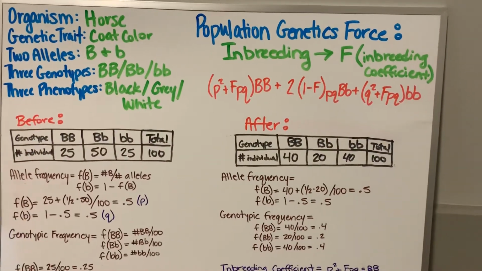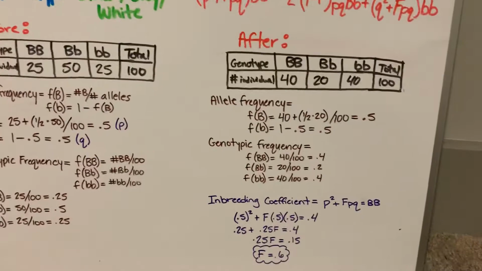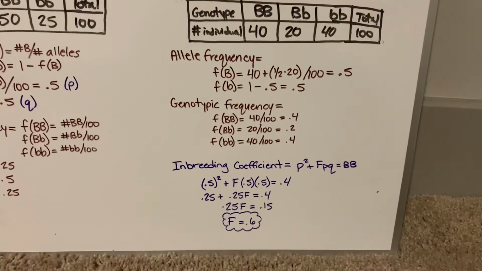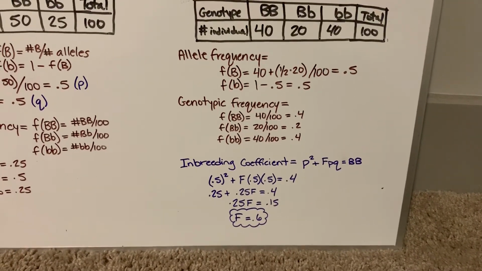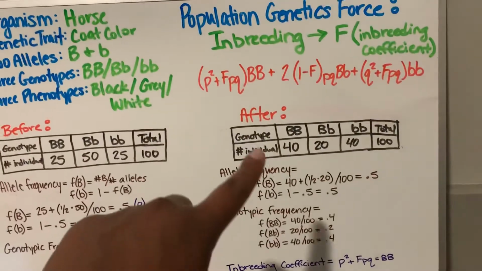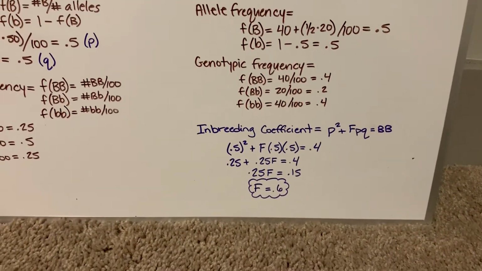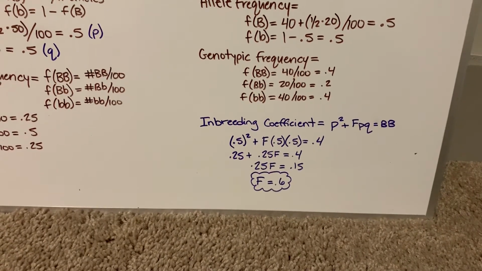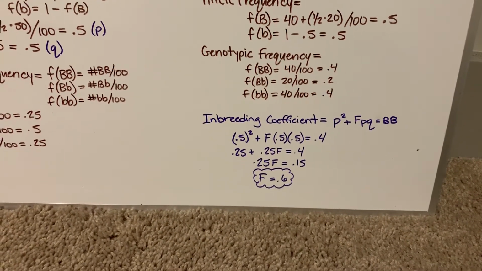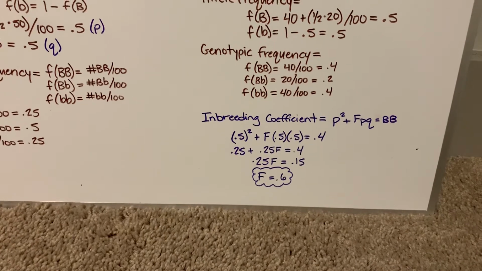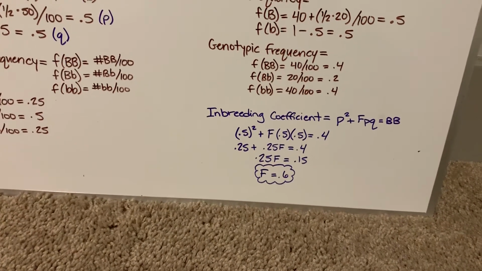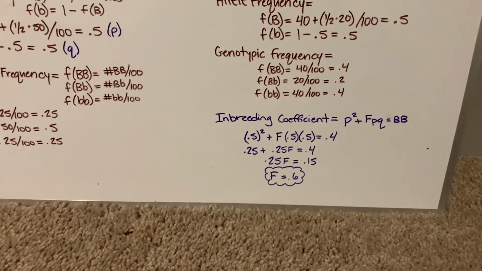With that, you can take P squared plus F times P times Q and set it equal to the frequency of big B. And then when you do that, we find that the inbreeding coefficient is 0.6, which is appropriate. It should be greater than 0, but not greater than 1 in order to prove there was inbreeding occurring.